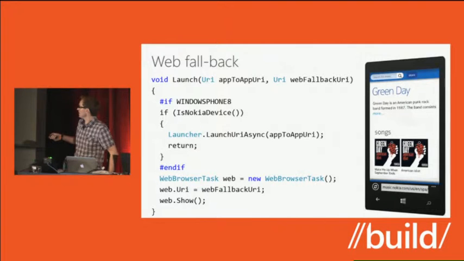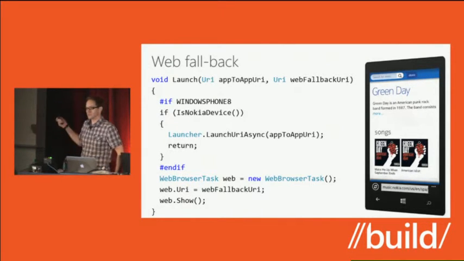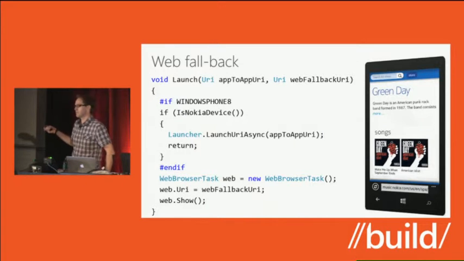So if not, and we're on Windows Phone 7, we're on the emulator and so on, we provide a web fallback. We think this is quite a nice pattern, if you want to expose this sort of stuff within your app. So similar to the previous slide where I was showing artist details within the Nokia Music app on Windows Phone, this is our website showing the same sort of information.